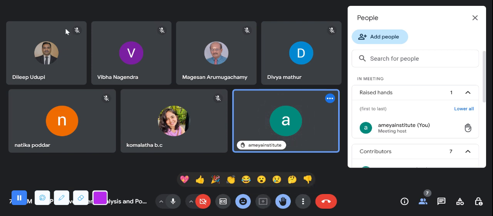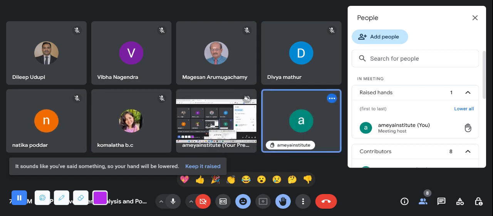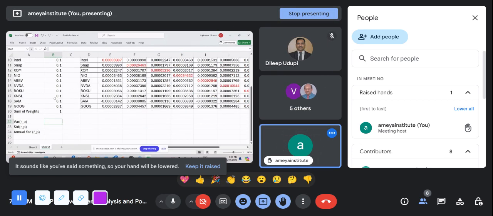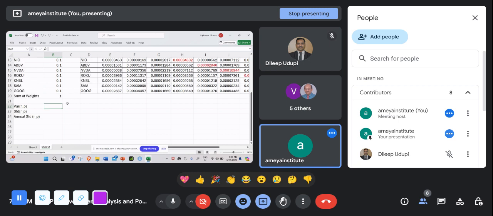Done. Till here it is clear. Shall we calculate? Yes. So let's calculate the variance of portfolio here. So we'll take again the same formula. Transpose.